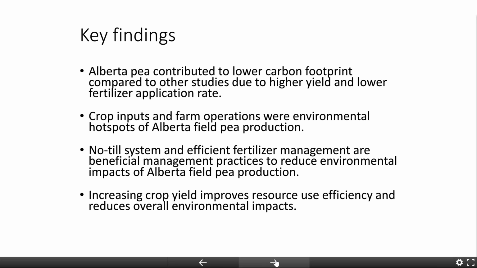So if you are a producer and you're looking at saving money, perhaps you don't have the capital investment into a drill that can do everything in one pass, but we know that environment and economics go hand in hand. What makes environmental sense usually means you're saving a dime and makes economic sense as well.